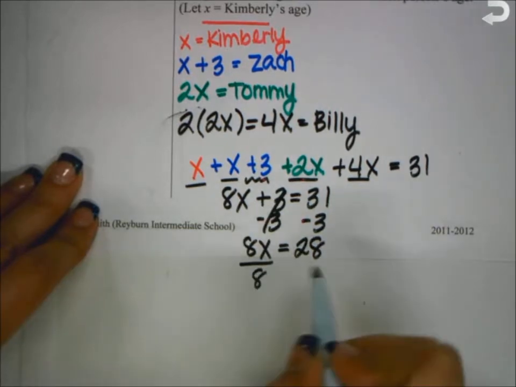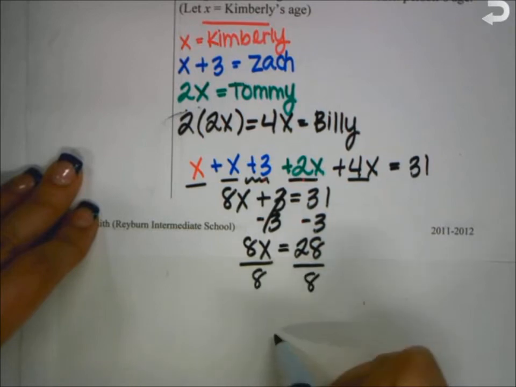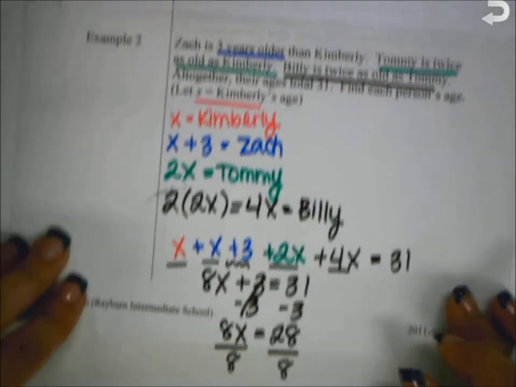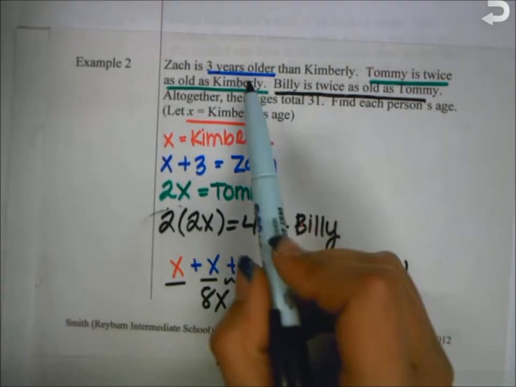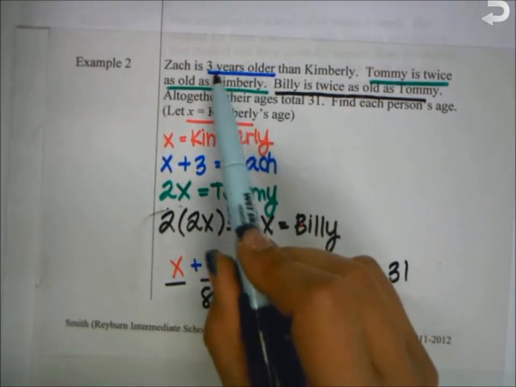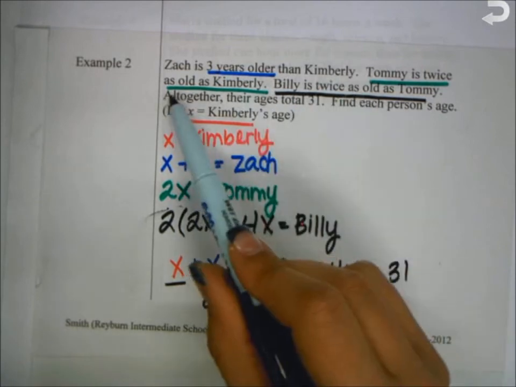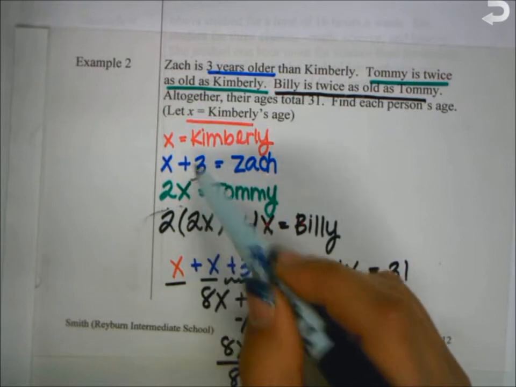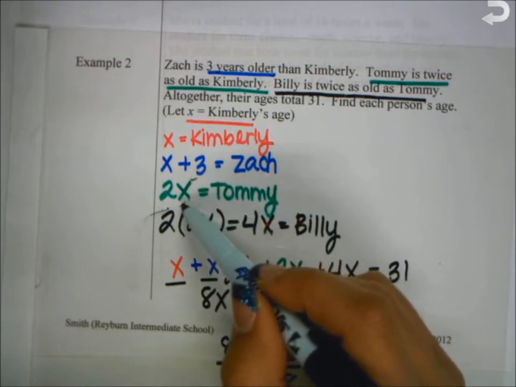This is not going to work out. I don't think you put the extra x. Because the x is Kimberly, and then the 3 is Zach. Zach is 3 years older than Kimberly. Tommy is twice as old as Kimberly. Zach is x plus 3. Tommy is 2x. Billy is twice as old as Tommy, so Billy is 4x. Kimberly is x.